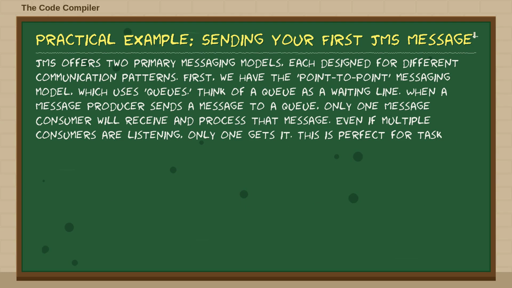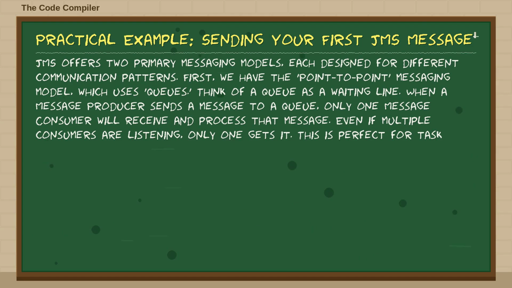Second, we have the publish-subscribe messaging model, which uses topics. A topic is like a broadcast channel. When a message producer, now called a publisher, sends a message to a topic, all active message consumers, known as subscribers, who are listening to that topic will receive a copy of the message.